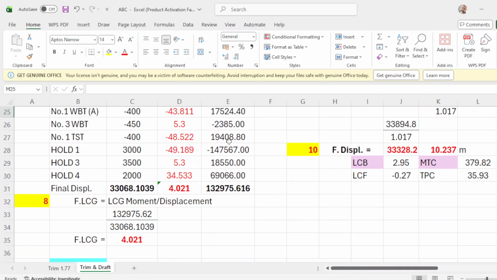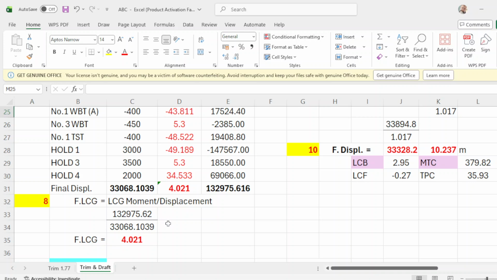Take note, this will be your total moment, and this will be your displacement. To get the final LCG equals your total moment divided by your final displacement, which is 132.975 divided by your displacement of 33068, and your final LCG will be 4.021, which is this one.